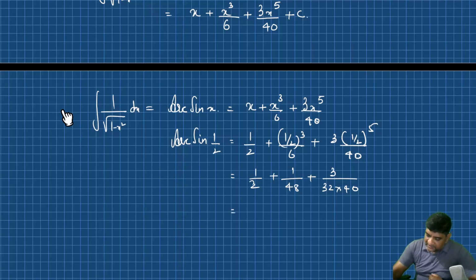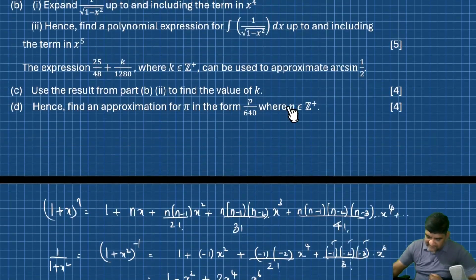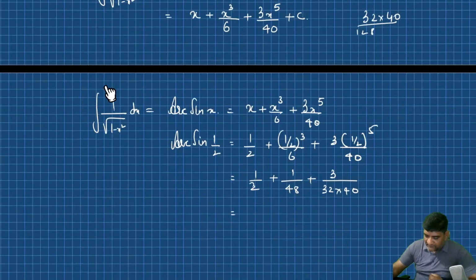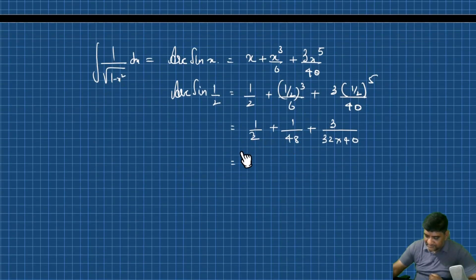Now how much is 32 into 40? Let's calculate that. 4 2s are 8, 4 3s are 12, 1280. So the reason why I multiplied is because I need this number here, right? And this is 25 by 48.